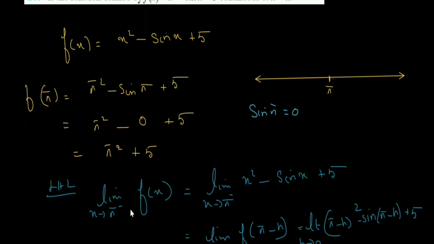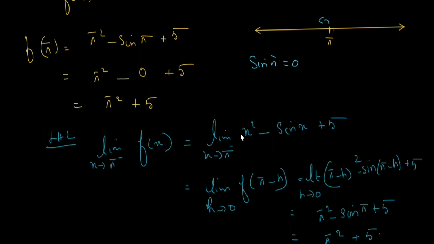Now the left hand limit, left of pi, you have to find. x tends to pi minus, the same function, x square minus sin x plus 5, the same function everywhere. So replace x by pi minus h.